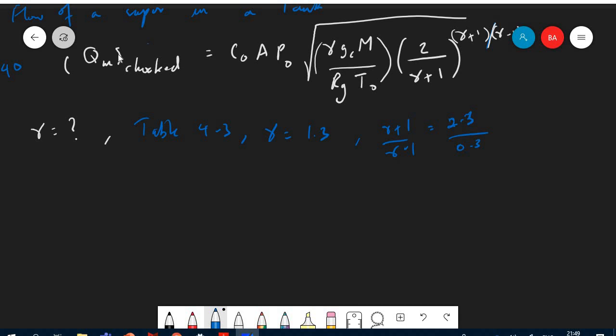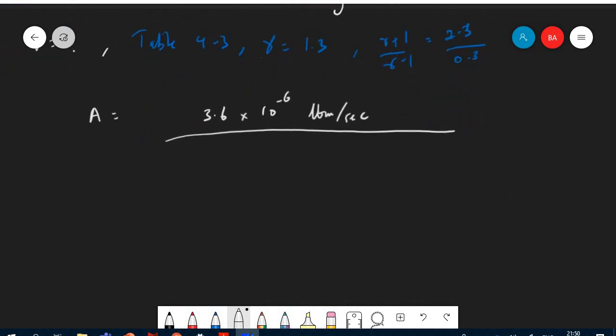We are going to consider the same QM that we obtained. So we are going to find the area, and from the area we can get the diameter, from pi d squared over 4. Everything looks great here. So if I want to find the area, it is equal to QM choked divided by the rest of the terms. QM choked was obtained as 3.6 into 10 to the power minus 6 pound mass per second.